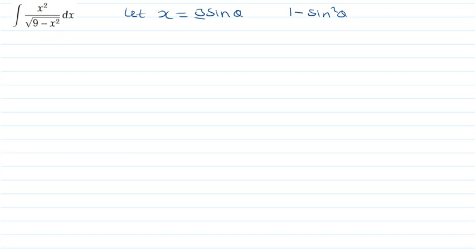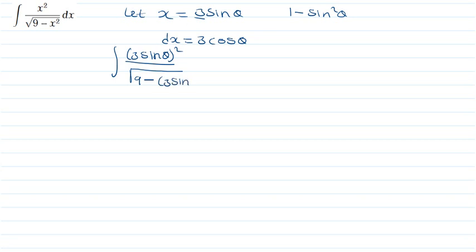So here I'm going to differentiate this. I'll get dx, which is equal to 3 cos theta d theta. Replacing in my integral, where there is x squared, I'm going to put 3 sine theta, so I'll have 3 sine theta squared, then everything over the square root of 9 minus 3 sine theta squared.